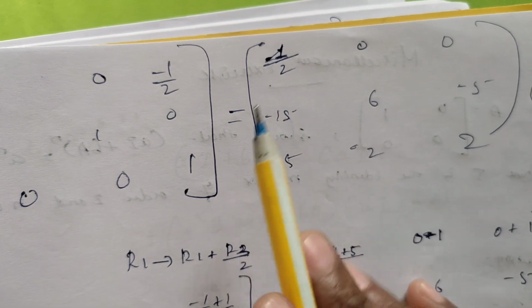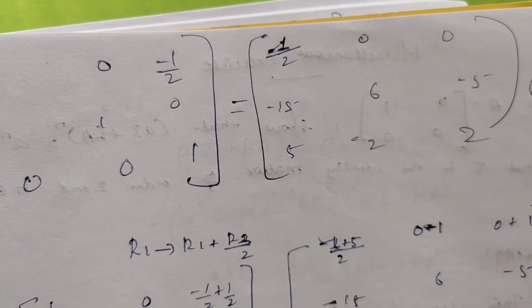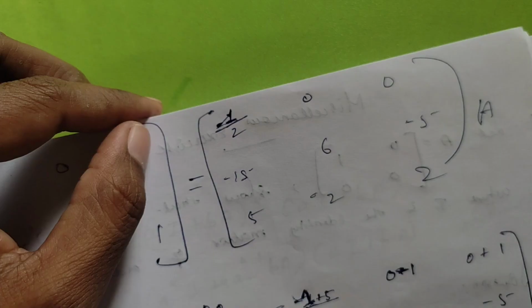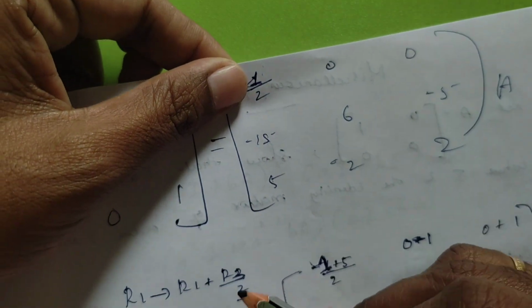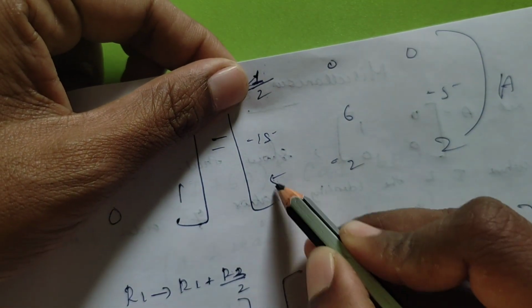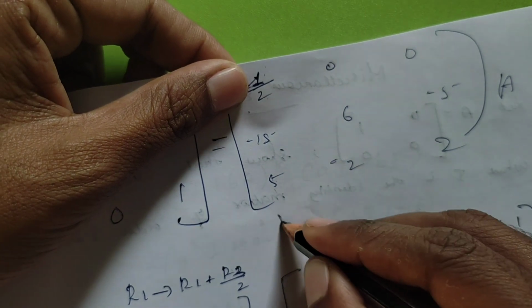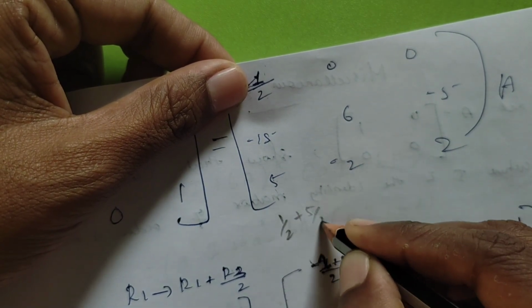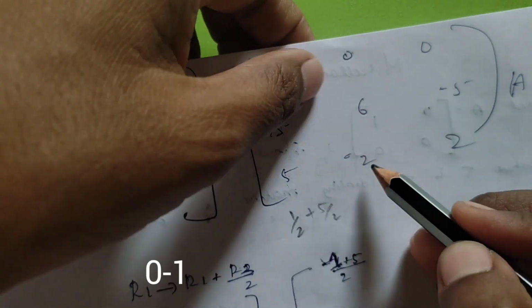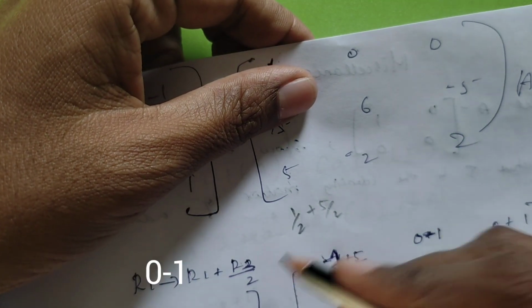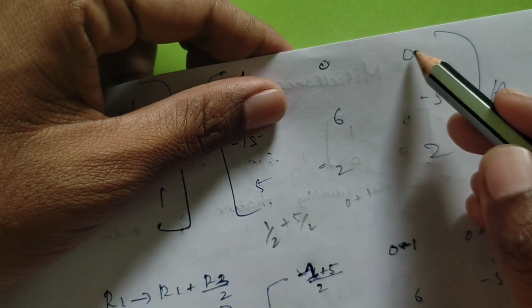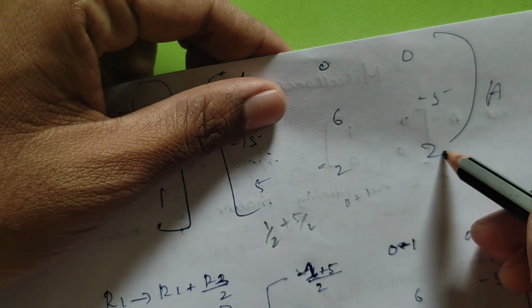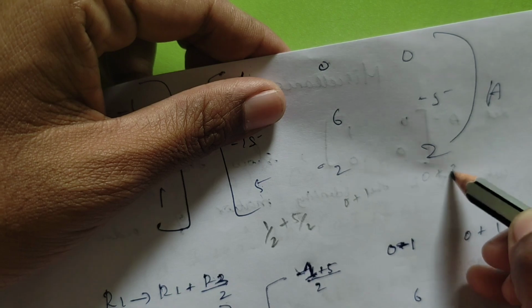In the RHS, R1 is getting changed. What happens to our R1? R1 is 1 by 2, 1 by 2 plus R3 by 2. This is 5 by 2. 1 by 2 plus 5 by 2. Next, 0 plus 2 by 2, so 0 plus 1. Next, 0 plus 2 by 2 again.